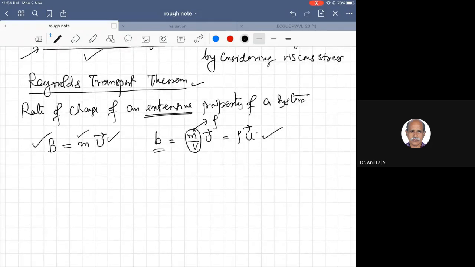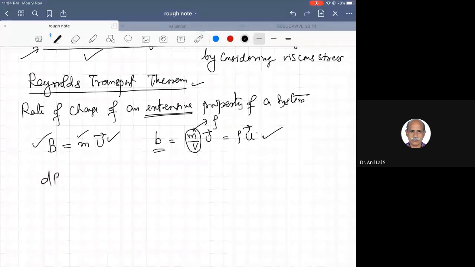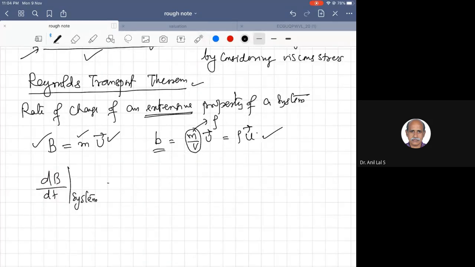The Reynolds transport theorem is dB/dt of the system is equal to the integral over the control volume of ∂b/∂t dV plus the integral over the control surface of b (U · n) dS.